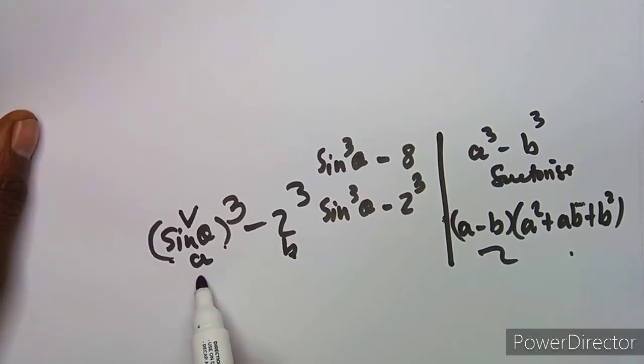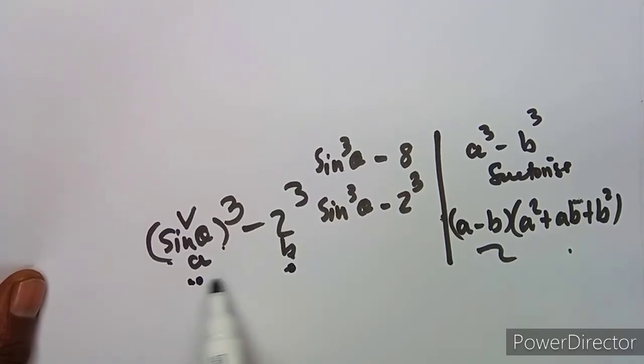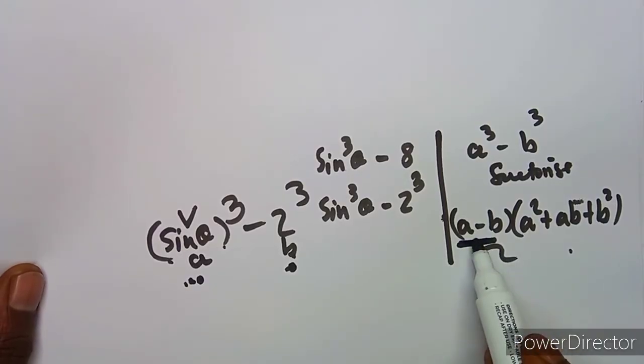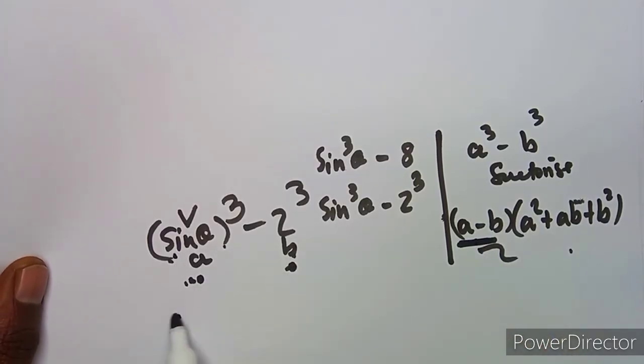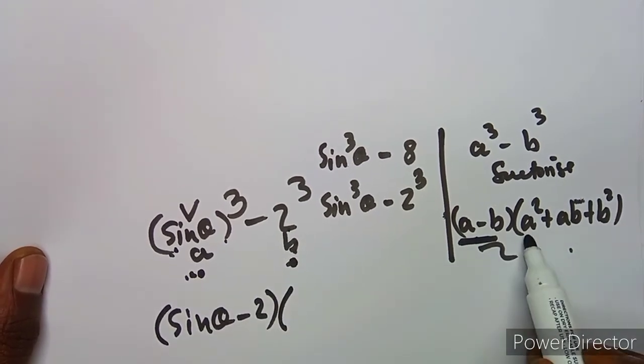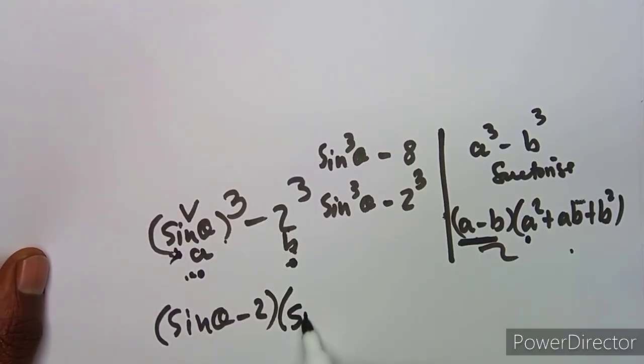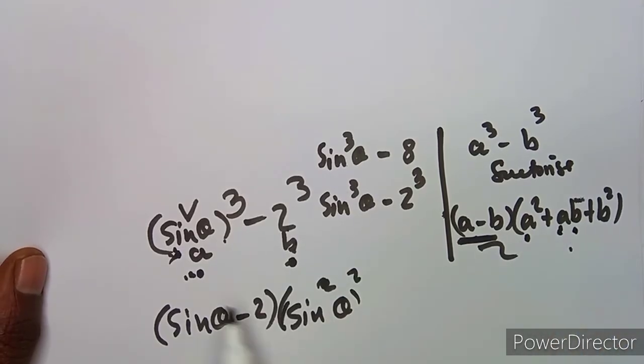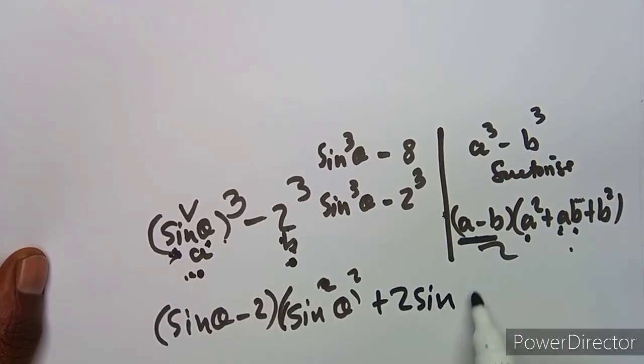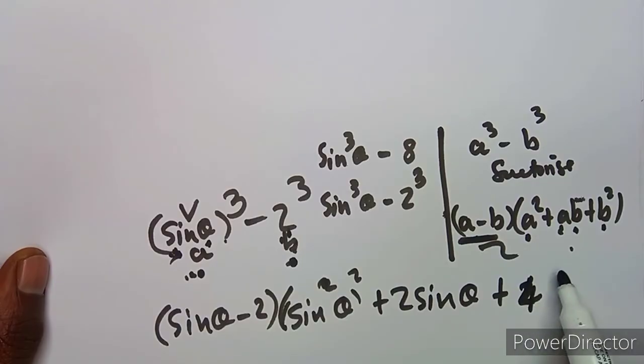So if this is my a and this is my b, therefore I am going to have a minus b squared, which is a squared, which is sine squared theta, plus 2ab, which is 2 sine theta times 2, so it's going to be plus 4 sine theta, plus b squared, our b is 2, which is going to be 2 squared, that's a 4.